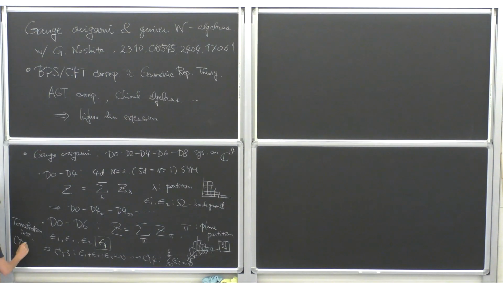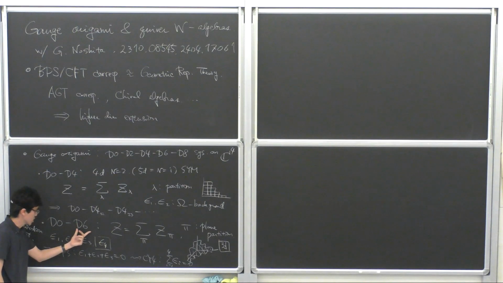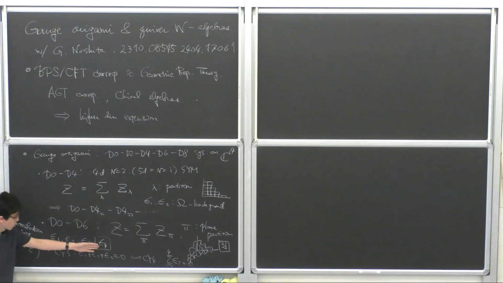Similarly, we can think about the D6 plane. Now we have the 1, 2, 3 direction, but we can also put the D6 plane on 2, 3, 4, or any combination out of 4. So this kind of configuration is now called a tetrahedron instanton.